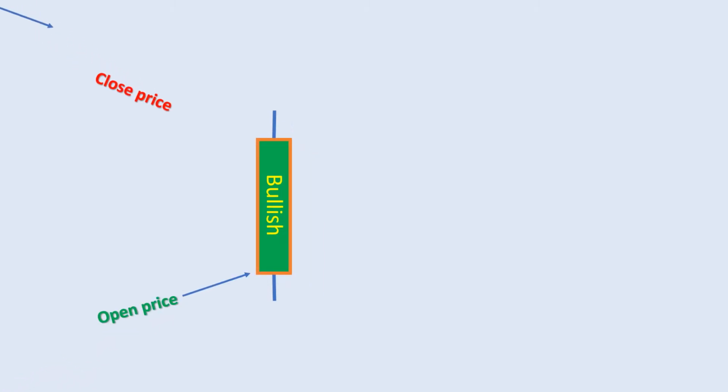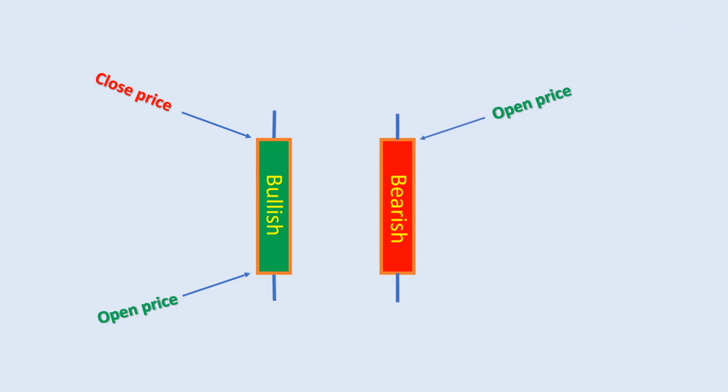When we see a bullish green candle, the open price is below the close price. Green candles represent increasing in price. When we see a bearish candle, the open price is above the close price.